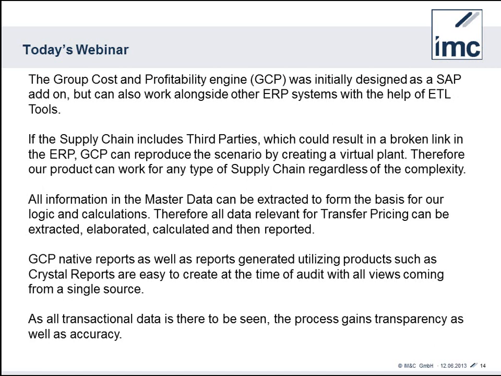This clearly doesn't happen when you're working with a tool like this, because you can create a virtual item, a virtual plant or whatever it is, which behaves as if nothing was actually outside of your value chain. So that is another really valuable attribute of this product: you do not have cases in which your chain is not complete, in which your chain cannot be analyzed in full.